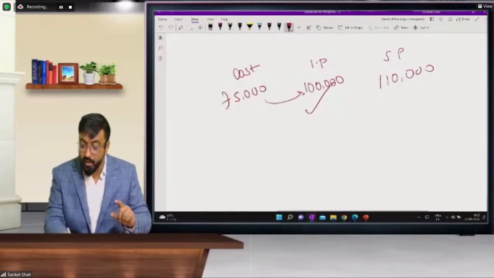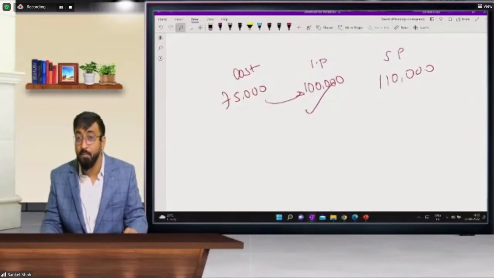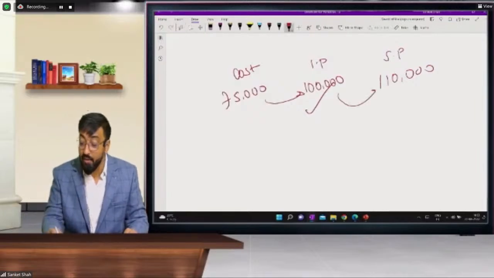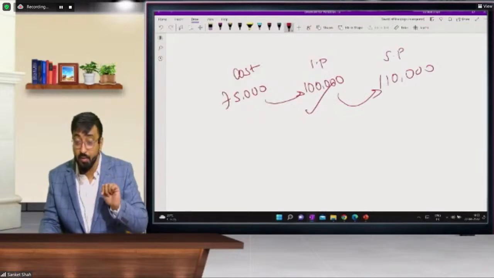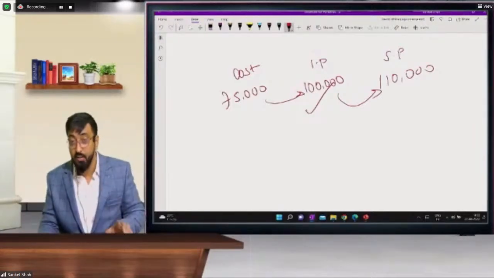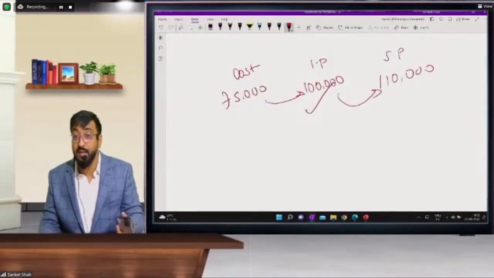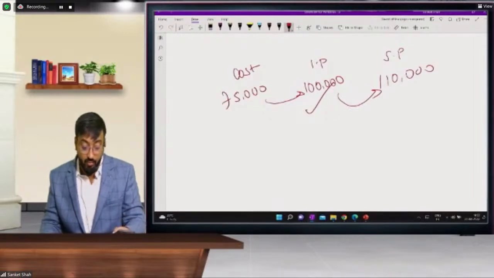I already earned 25,000 at the time of transferring goods, and again I will record 10,000 extra. Now you only tell me, what is the first entry and what is the second entry? He accepted goods at 1,10,000. So tell me, what is the entry?